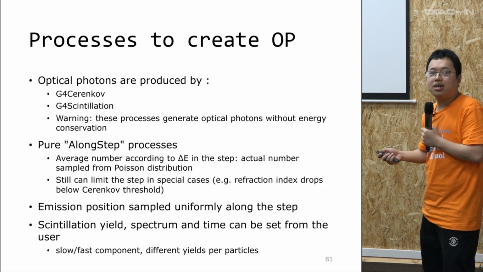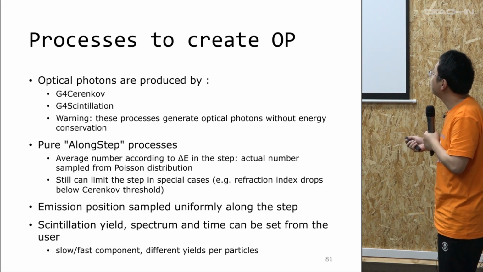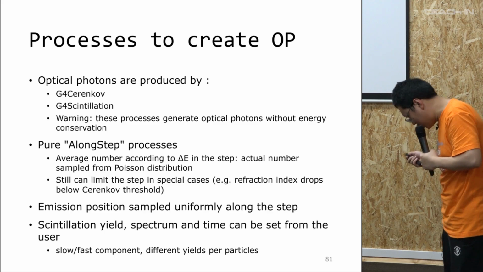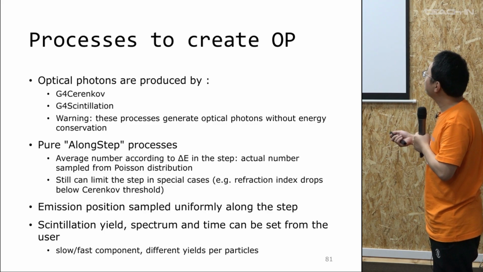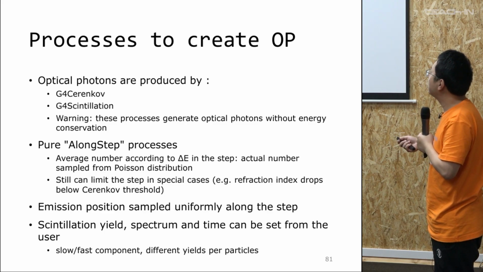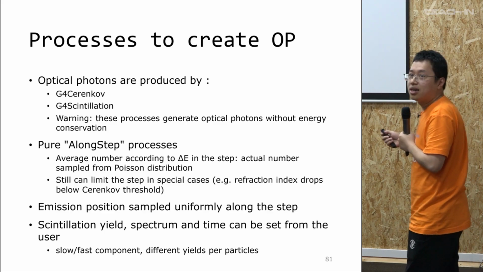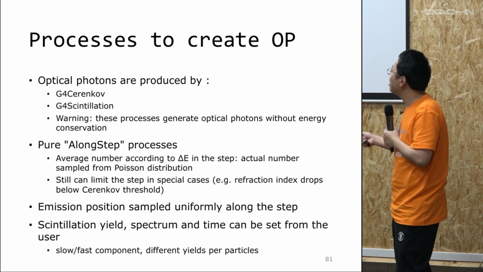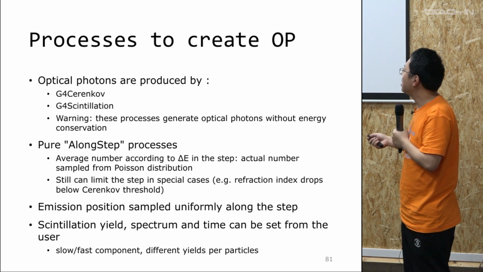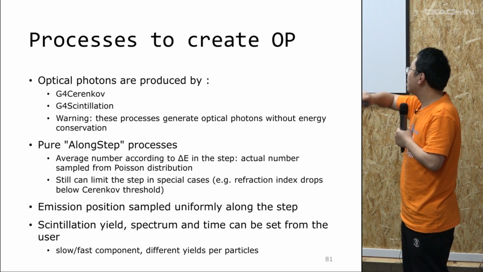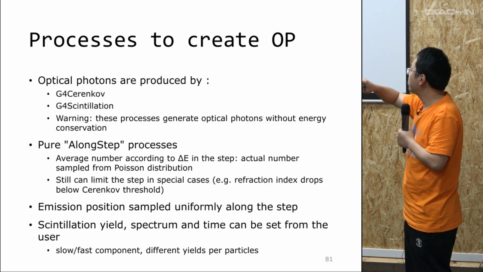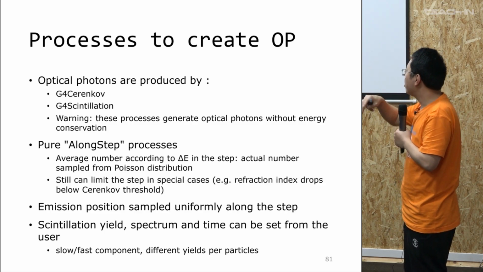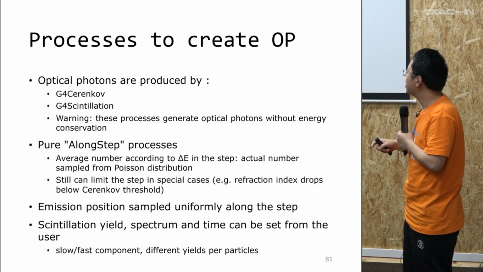Okay, first let's look at the processes which can create optical photons. Generally we have the Cherenkov and scintillation processes, and these processes all belong to the along-step processes. That means when the particle takes a step, we will create photons along this step.